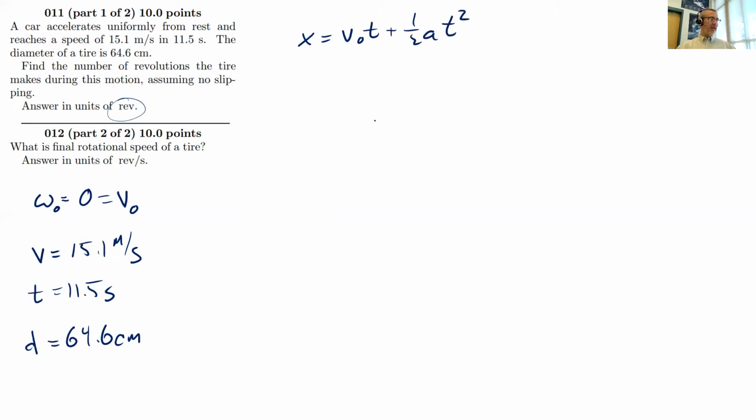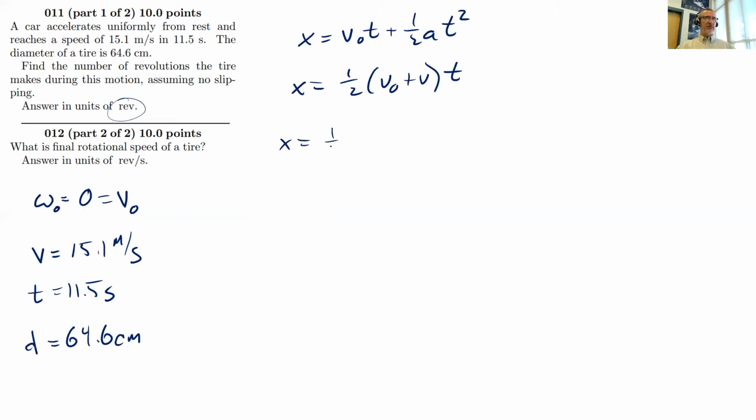That's not going to help me because what I have is my initial velocity, my final velocity, and my time. If I'm looking for my distance, then what I could do is actually use distance equals 1/2 of V0 plus V times t. That's going to be the easier way to solve it.